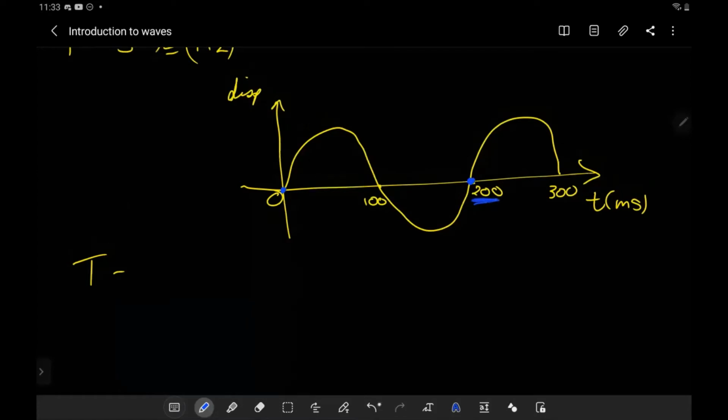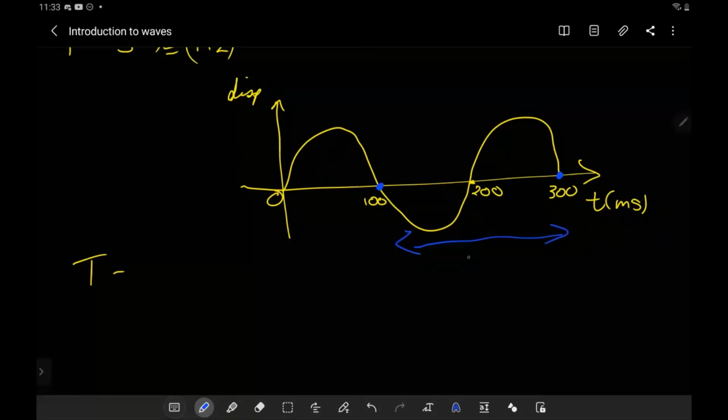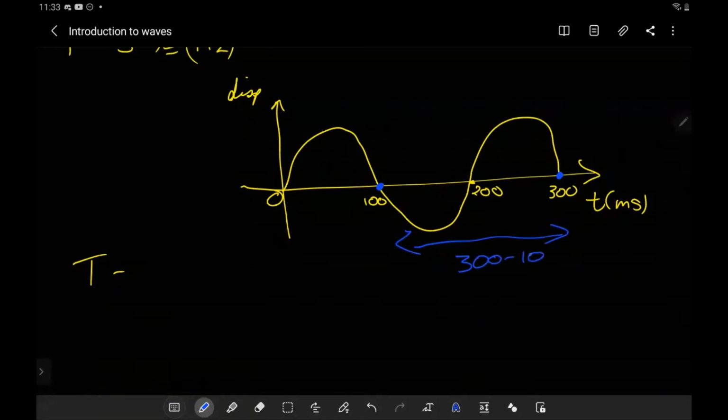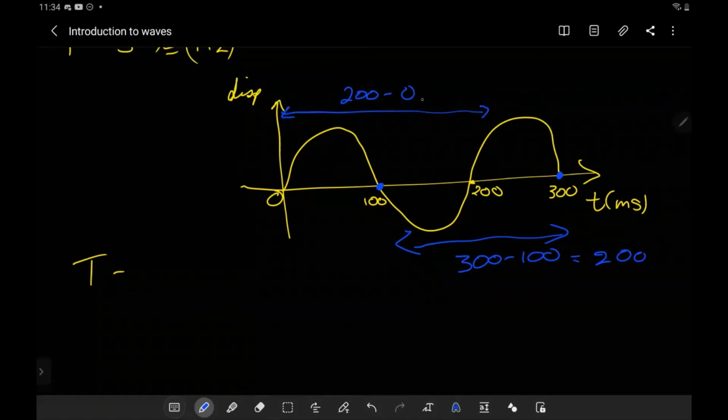Similarly, the point consecutive with this one, or in phase with this one, will be this 300 here. So the time between these two points will be 300 minus 100, which is 200. Or from this point to 200, this would be 200 minus 0, which is exactly 200.